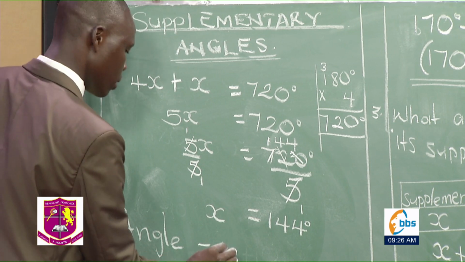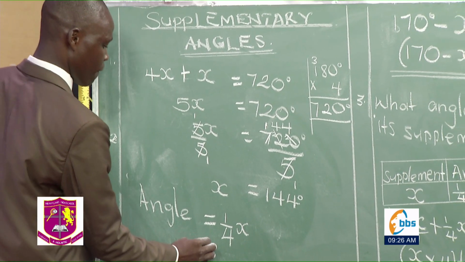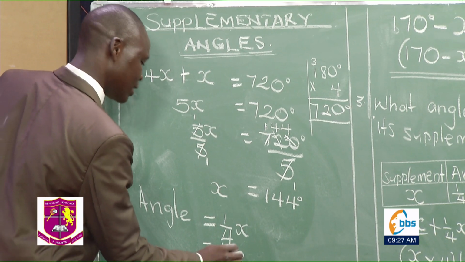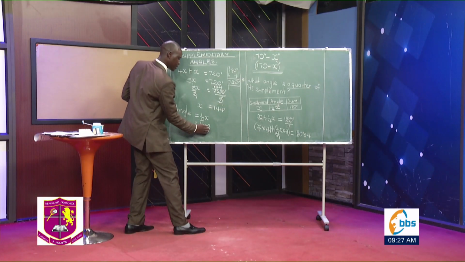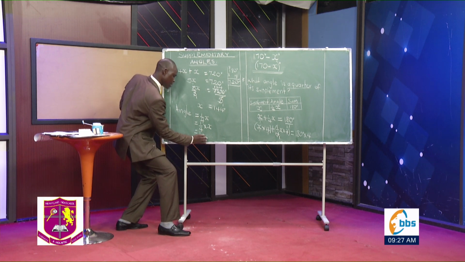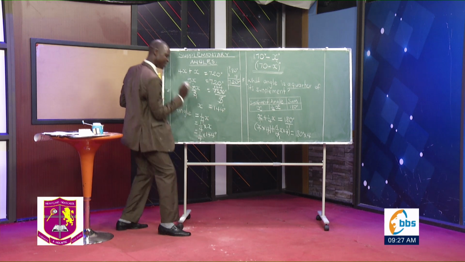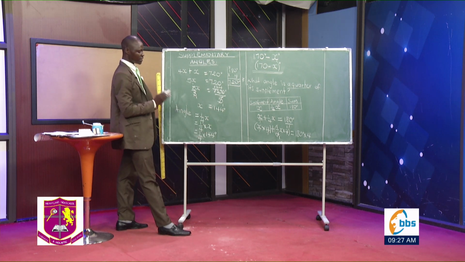Our angle, we shall have a quarter of the supplement. This is now a quarter times x, which gives us a quarter times the value of x, which is 144 degrees. I can't miss out the units.